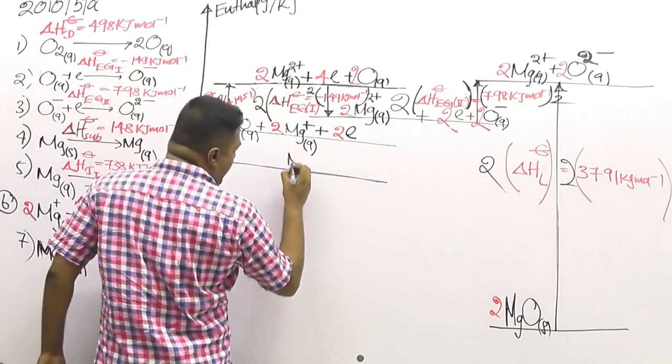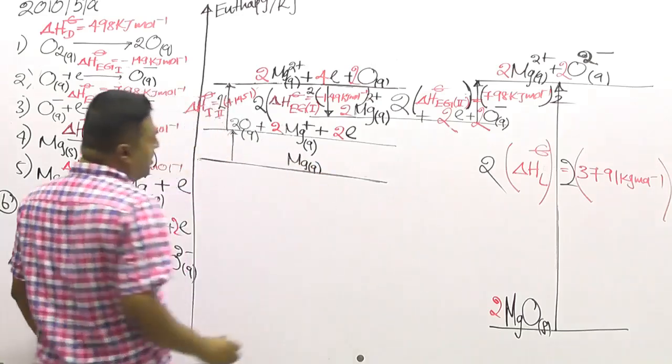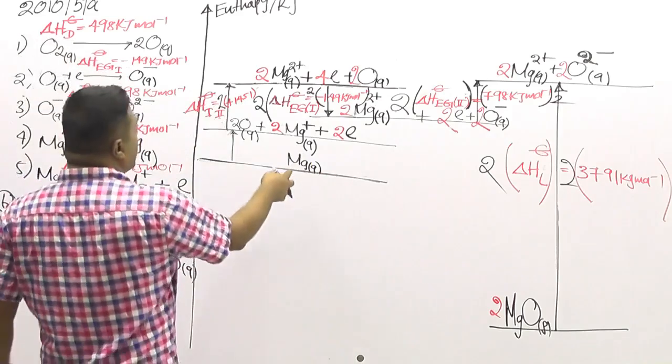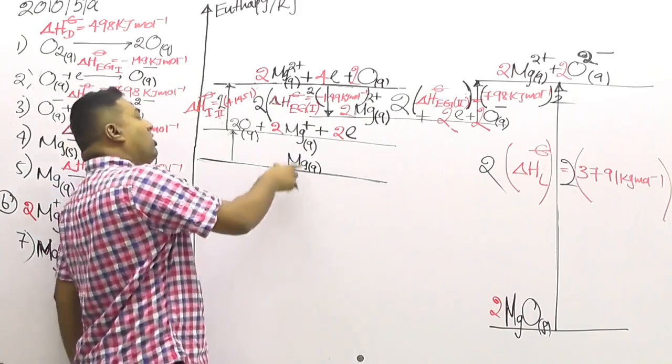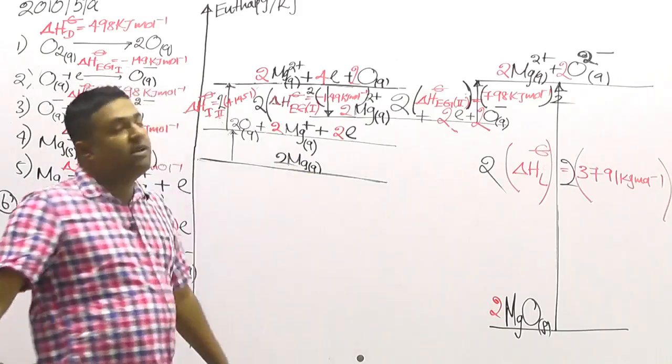So Mg gas is converted into Mg pluses. To produce 2 Mg pluses, you need 2 Mg gases.